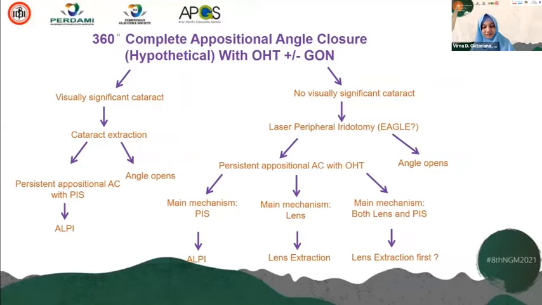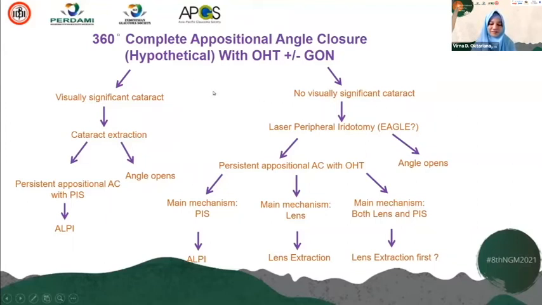I'm going to present to you two hypothetical situations which are at the two extreme ends of the clinical spectrum. First of all, let us look at a situation when there is 360 degrees complete appositional angle closure. Of course, this is a hypothetical situation, and there is appositional angle closure together with ocular hypertension with or without glaucomatous optic neuropathy.